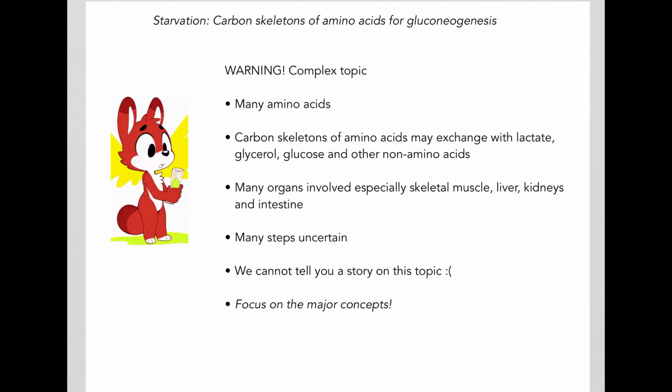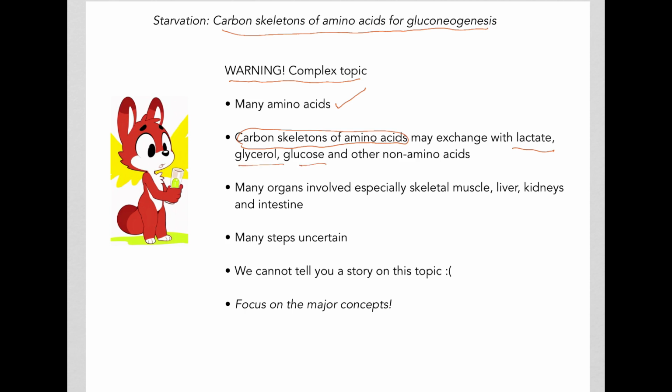Before we go further, I should mention that this is a complex topic, carbon skeletons of amino acids for gluconeogenesis, for many reasons. One, it involves many amino acids. Number two, when we say the carbon skeletons of amino acids, do these carbon skeletons really come from amino acids? Because these carbons can exchange with non-amino acids such as lactate, glycerol, as well as glucose.